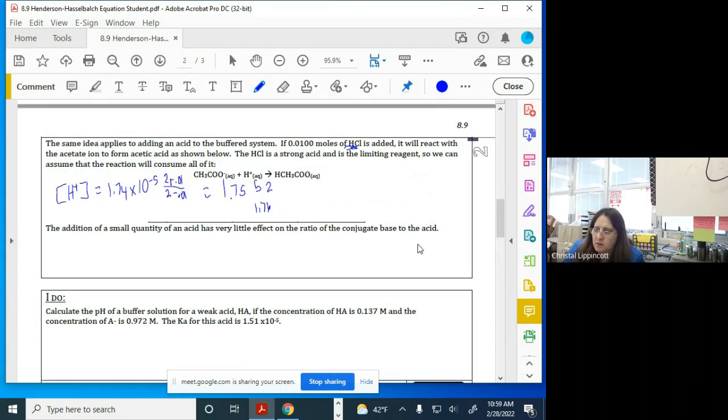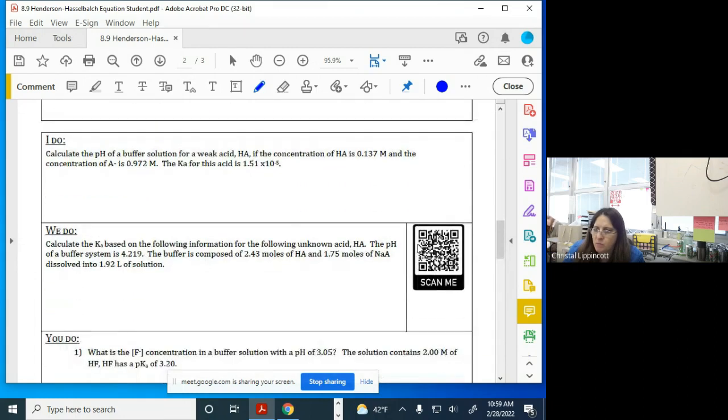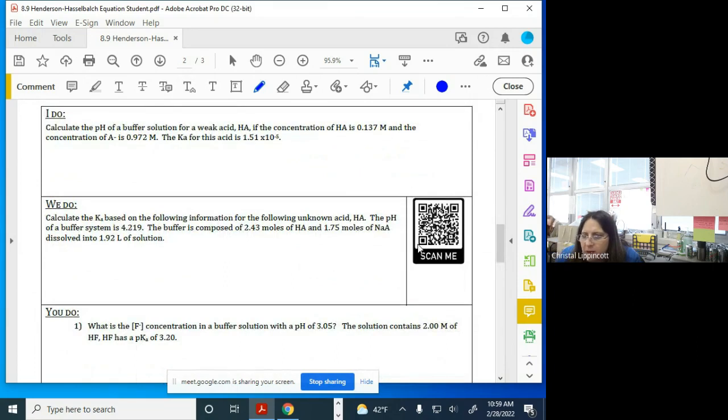Questions on that? All right, so here we're going to be calculating the pH of a buffer system. So again, we're solving for H plus. We have a Ka value given to us, which is 1.51 times 10 to the minus 5. We have a weak acid, which is 0.137, and its conjugate base is 0.972.